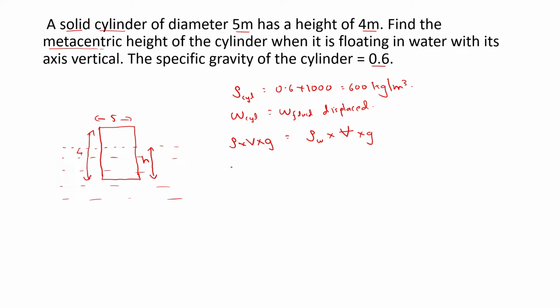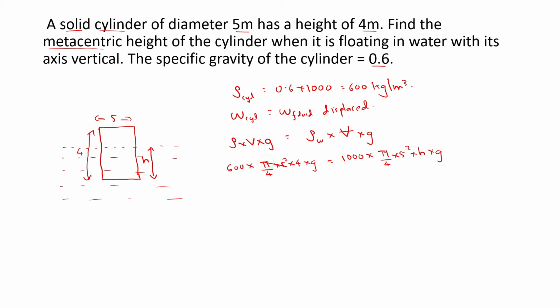So what is the total volume? This is 600 into the total volume. It has got a diameter of 5 meters, so cross-sectional area pi by 4 into 5 square into 4 into g, that is equal to rho of water, 1000, into the volume of water displaced, pi by 4 into 5 square into h into g.